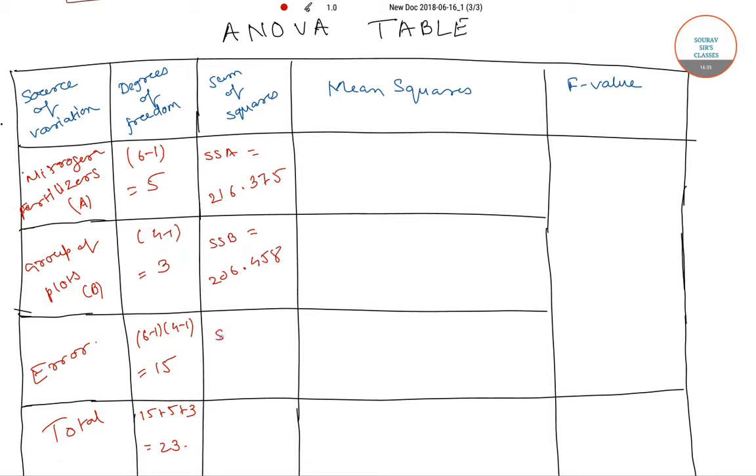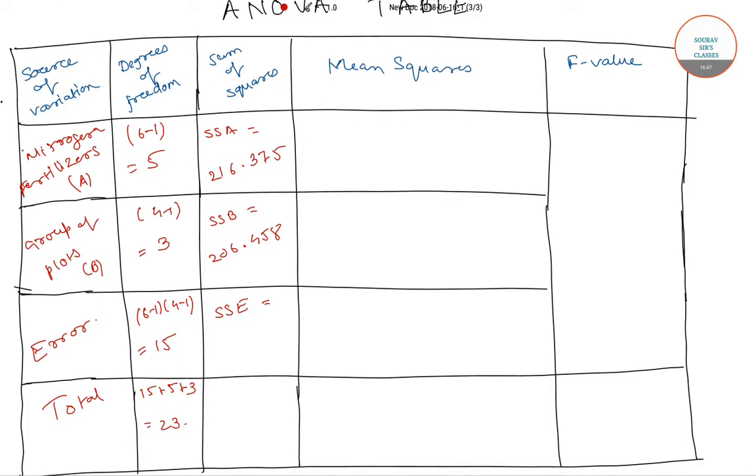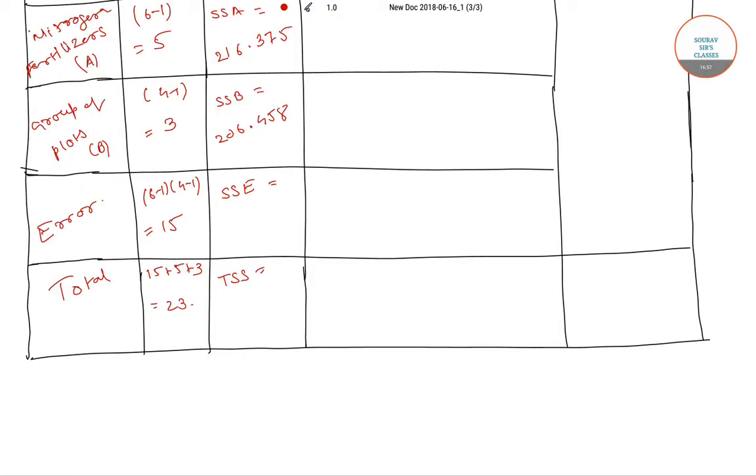Next is sum of squares due to error, which is equals to total sum of squares minus SSA minus SSB. Now total sum of squares, that is TSS, as calculated above, is 528.625.